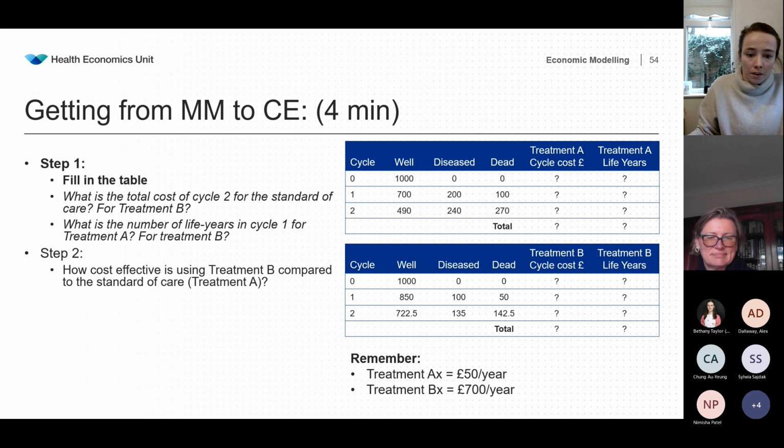So take a couple minutes, maybe a minute and a half, and fill in these two tables, and then start to answer these questions. And in case you didn't write it down before, here are the costs of the treatments.